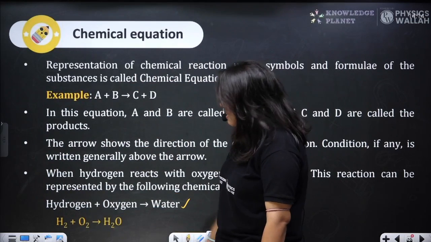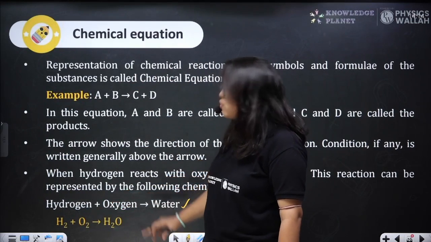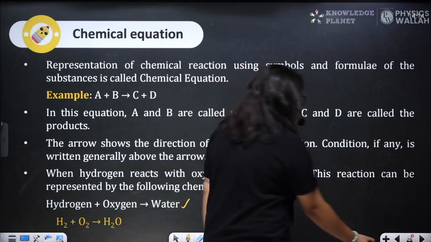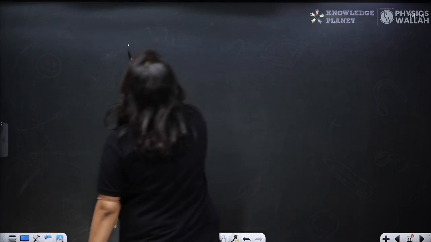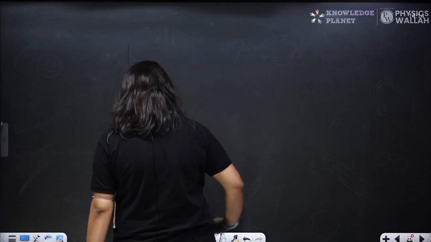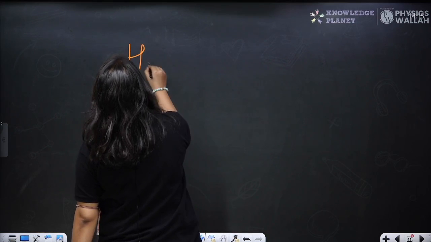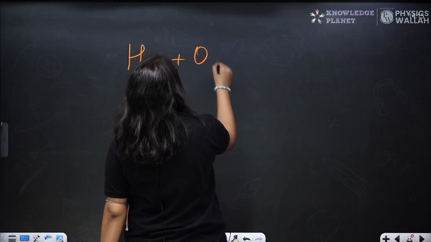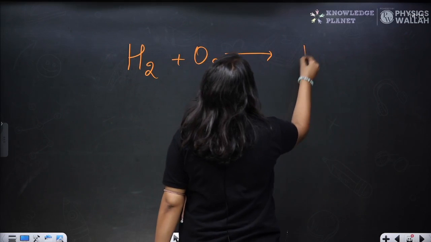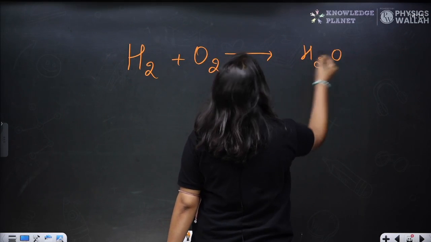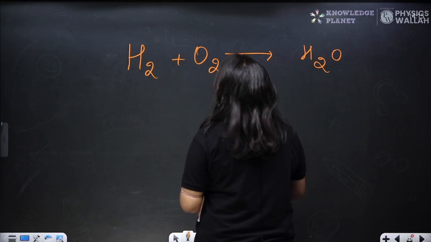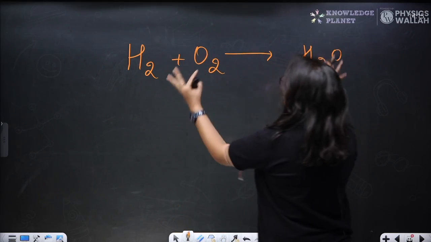But you can see this H2 plus O2 giving rise to H2O. Now when you see this H2 plus O2 giving rise to H2O, what do you observe over here?